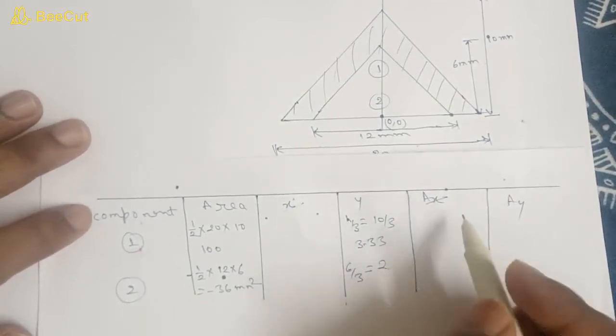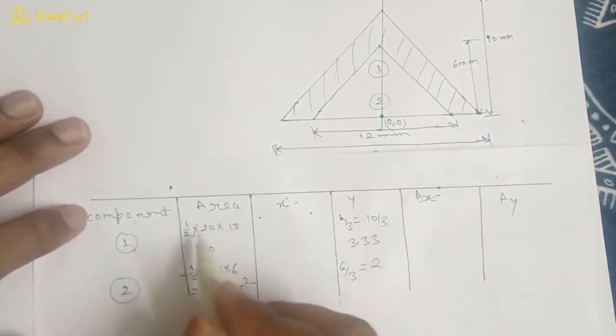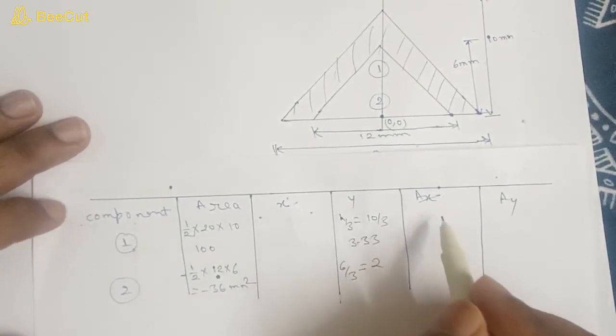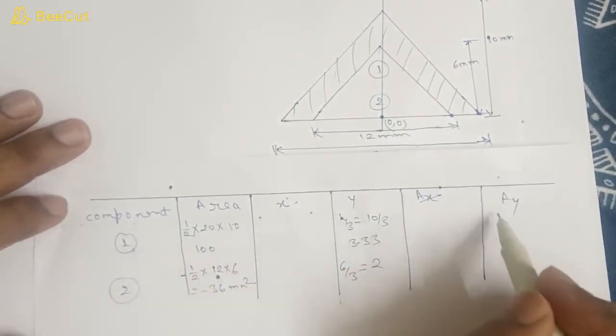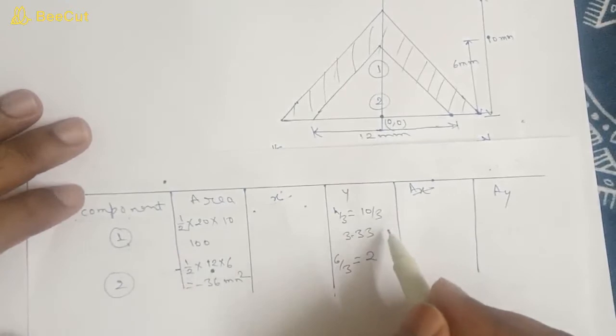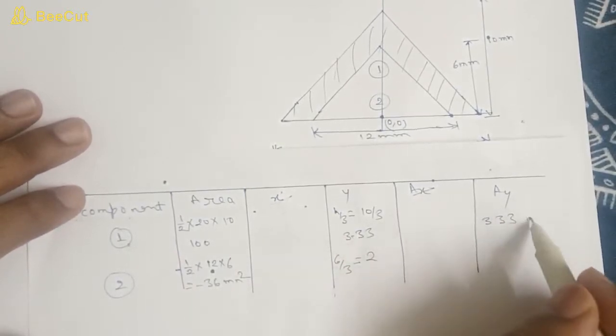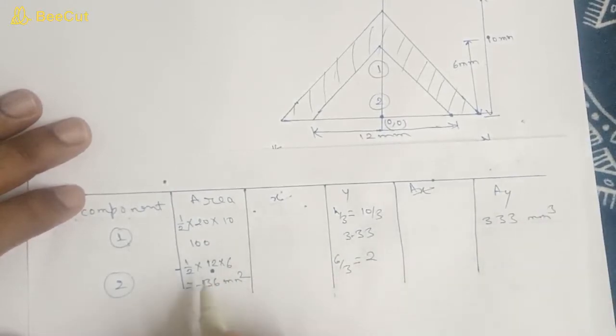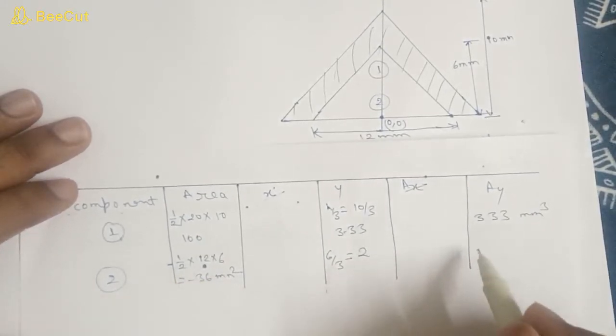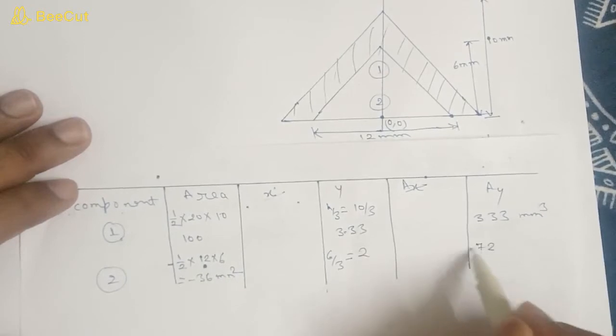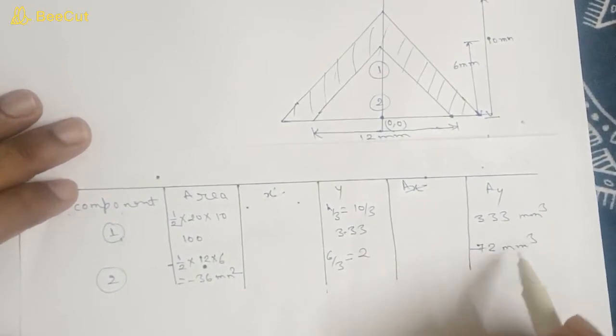Now ay will be, we need not calculate ax because we know the x coordinate. So for ay we will get 100 into 3.33, so we will get 333 mm cube, and for this we get minus 36 into 2, 72, minus 72 mm cube.